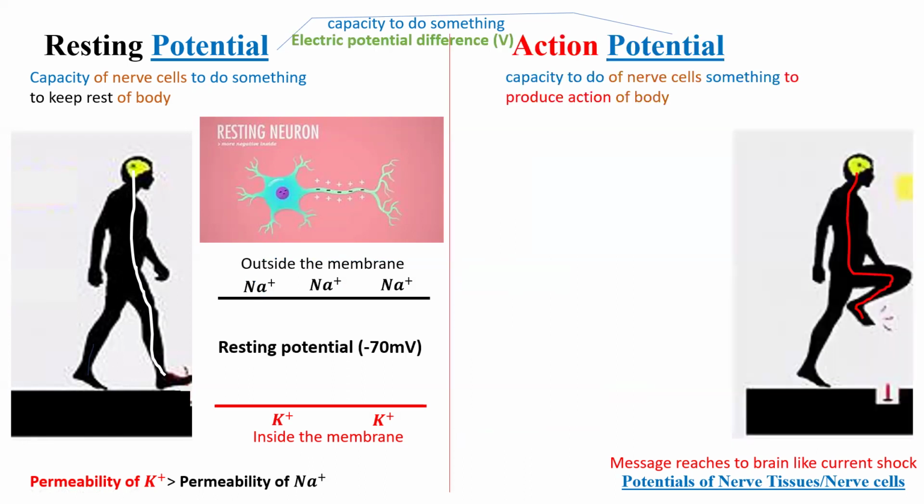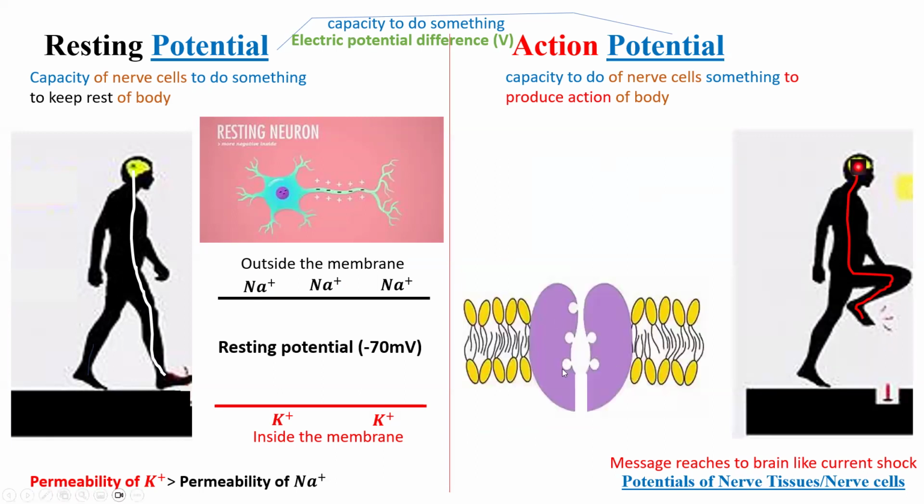Then we come to the action potential. Here, messages reach your brain in the form of a current shock. How do they reach? Again, the cell membrane is present around the neurons. But what happens when something goes wrong with your body or you get any sort of stimuli? The sodium ions present outside the membrane can quickly diffuse inside through sodium potassium pumps.